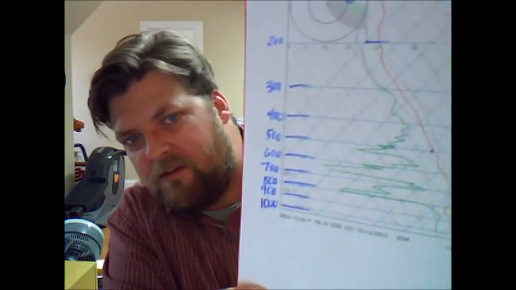So what these lines are on this particular sounding and on the one in your assignment are just basically knocked out at every 100 millibars, and there's several different ways to do it. And I've drawn some values on there.